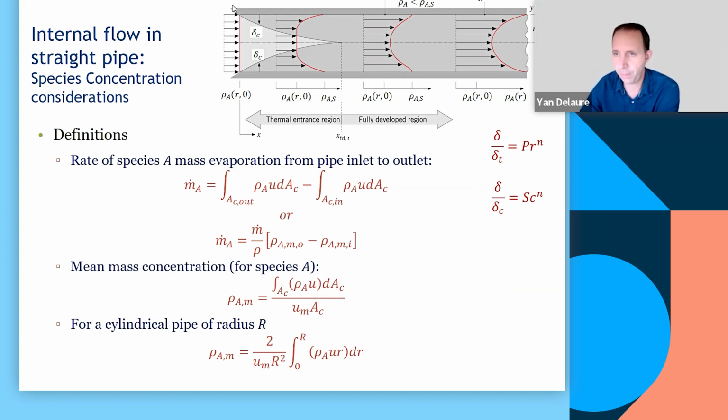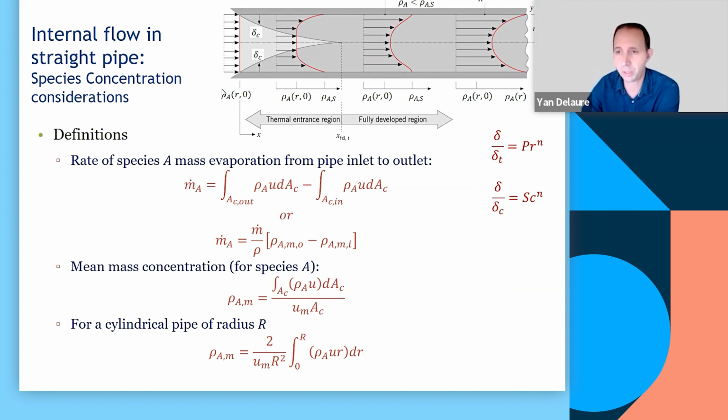So what we describe is a pipe of constant cross section. Fluid comes into the pipe with uniform conditions, velocity and species concentration. We're dealing with a mixture of two species, A and B, and just focus on how the mass concentration of species A evolves over space.